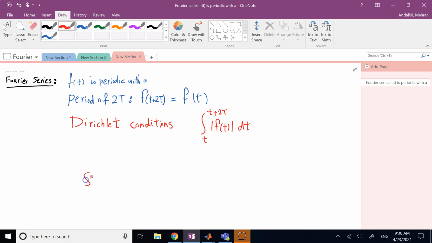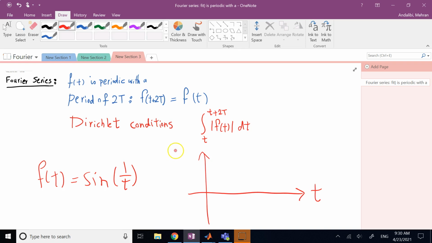For example, if you consider the function sine of 1 over x, or in this case 1 over t, if you plot this function versus time, it is a sine function, but as it gets closer and closer to 0, let me show you a plot of that. It's not easy to draw it by hand, but I'll do my best.